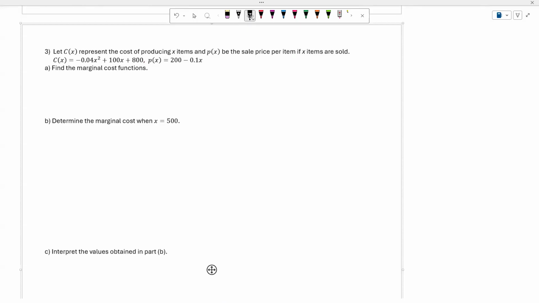I would like to find the marginal cost. We know that the marginal cost is C prime of x, so I will have negative 0.08x plus 100.